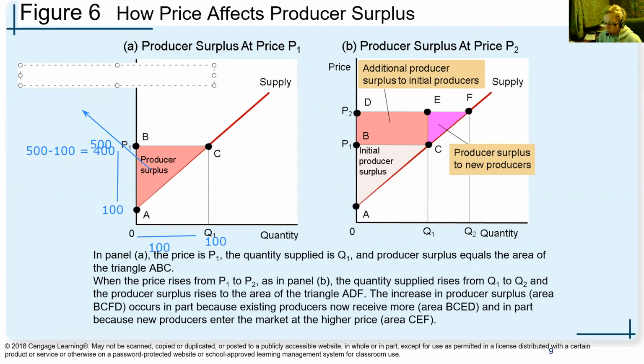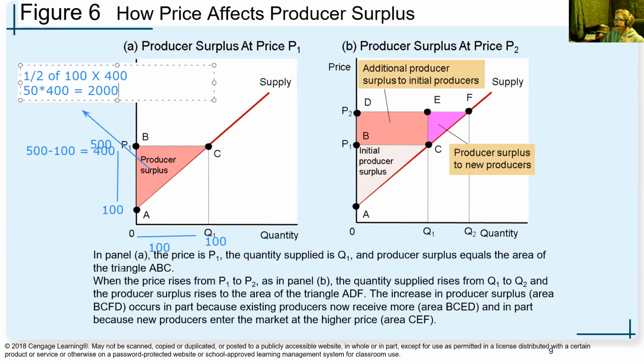So 1/2 of 100 times 400. And so in this example, 1/2 of 100 is 50 times 400, which equals 2,000. So producer surplus in panel A is 2,000.